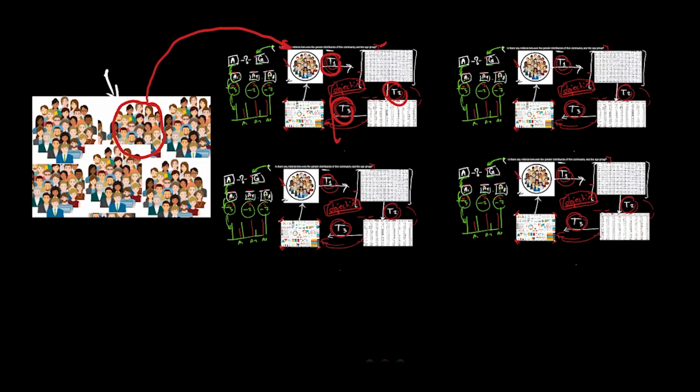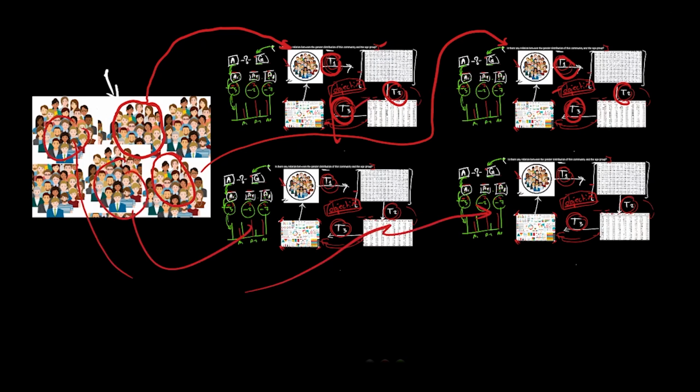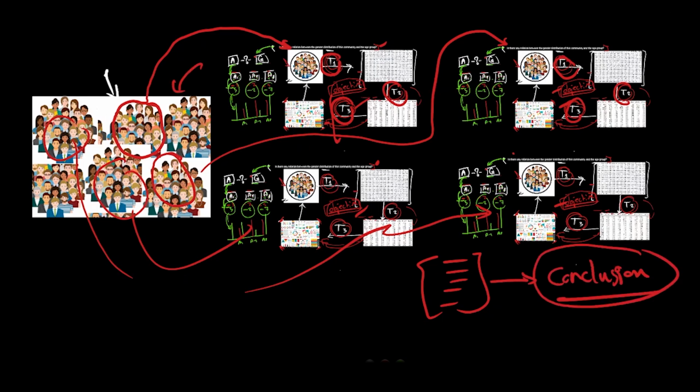So the best thing to do is to go and pick another group, take this group out, and once again do the 3 T transformation and come up with another answer. And one more time, I would have a lot of those objective final answers to this question. And the average of all those answers will give me a strong final conclusion, if you will, about this community in general.